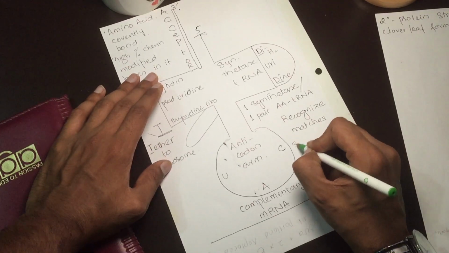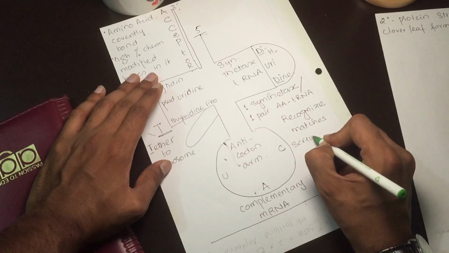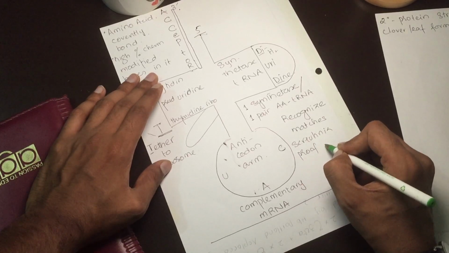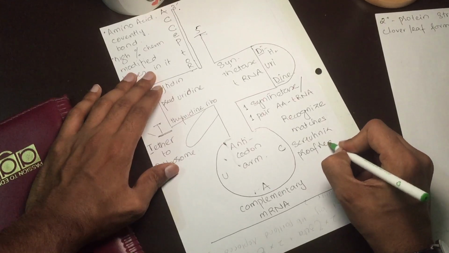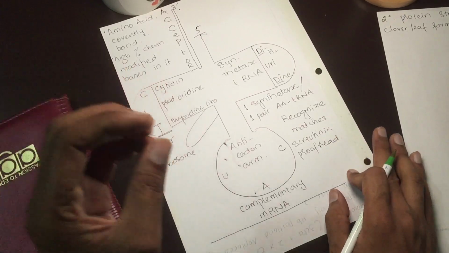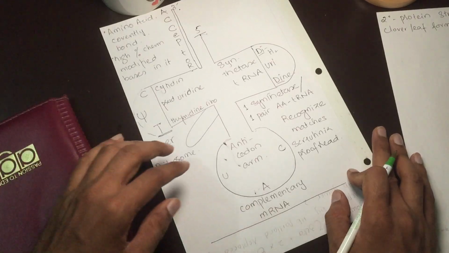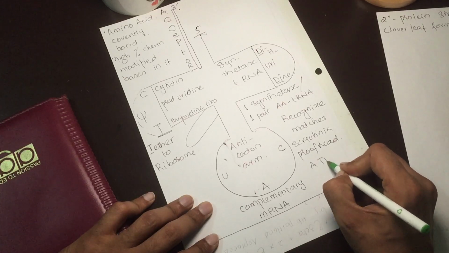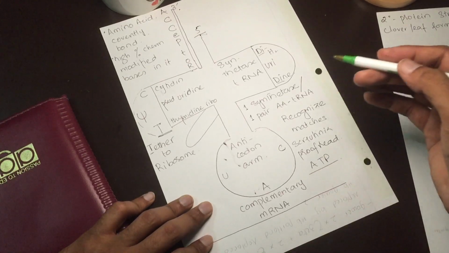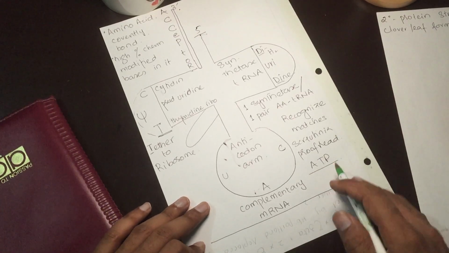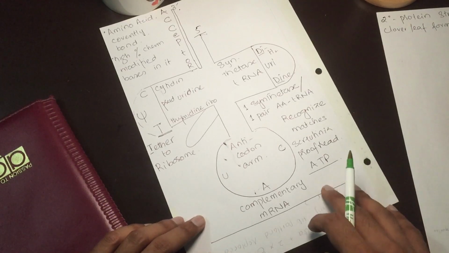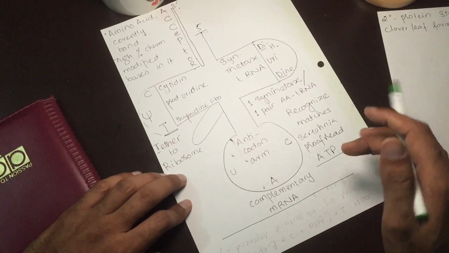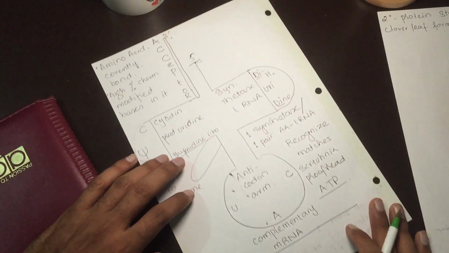It scrutinizes or proofreads whether or not a correct amino acid is attached. And this synthetase enzyme needs ATP. So whenever there is aminoacylation or charging, the transfer RNA is charged. So this enzyme is very much important.